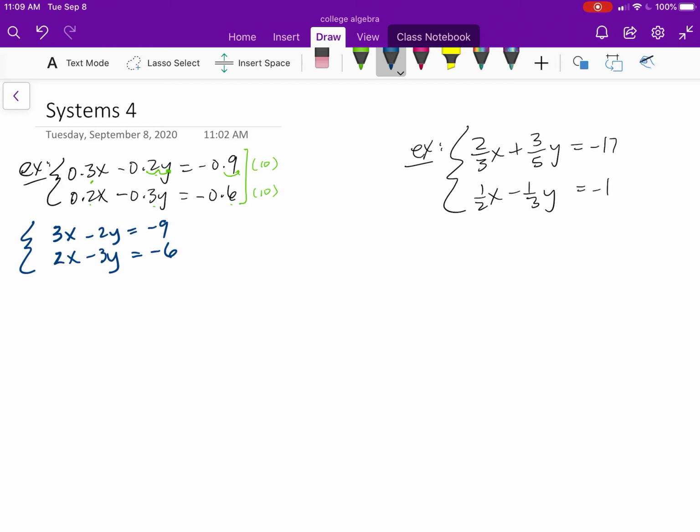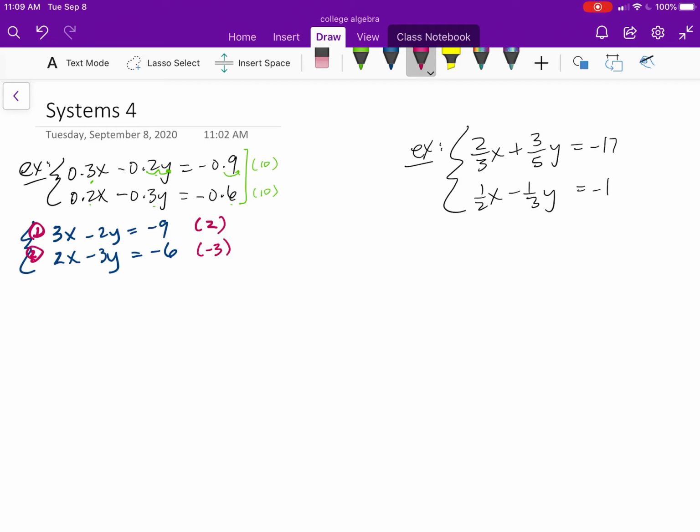To me, it's just quicker and easier. Doesn't matter which variable we choose to eliminate, they're about the same. I'm going to choose x. So the simplest way to eliminate x is if I took equation 1, multiplied by 2, and I took equation 2 and multiplied by negative 3.